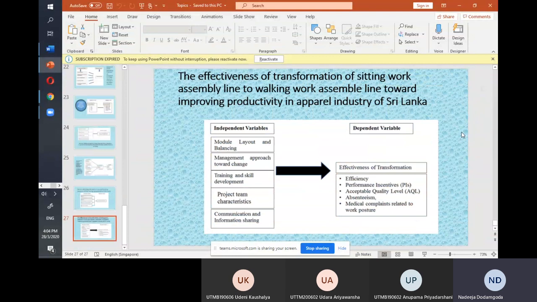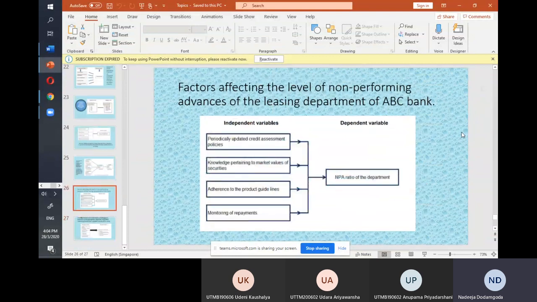I'll go to the end. What do you think about this? What is the unit of analysis? If the NPA is collected with respect to each branch, okay? Yeah.